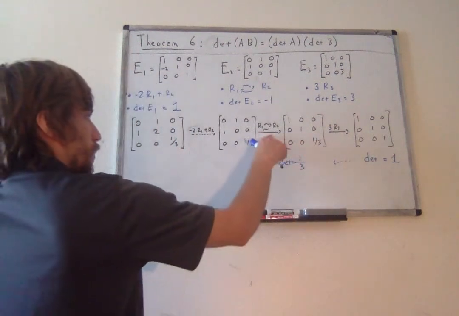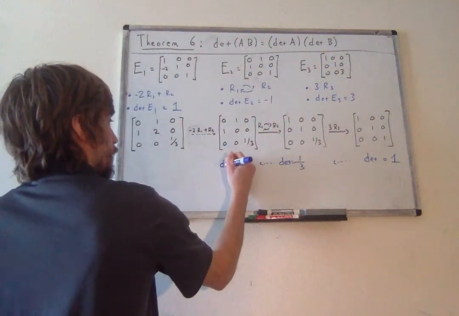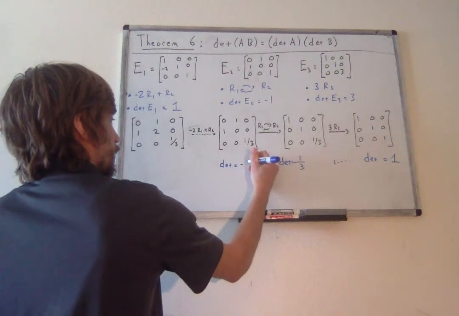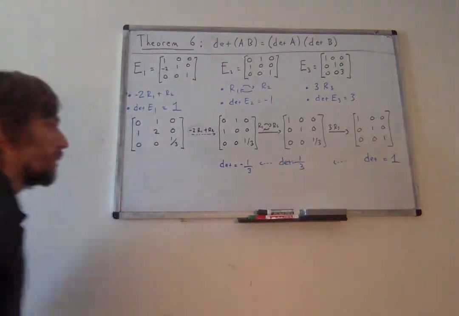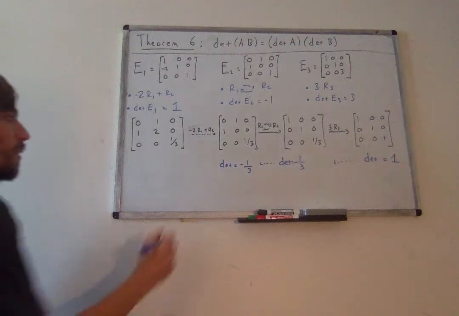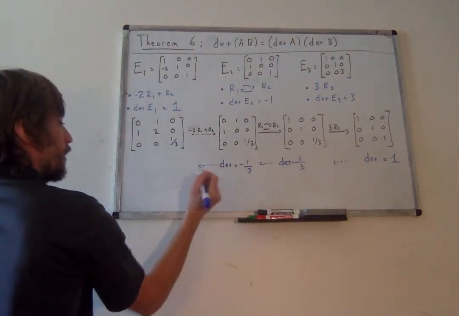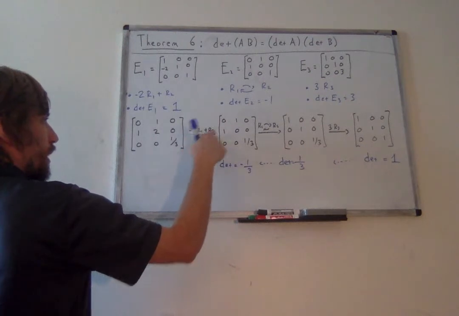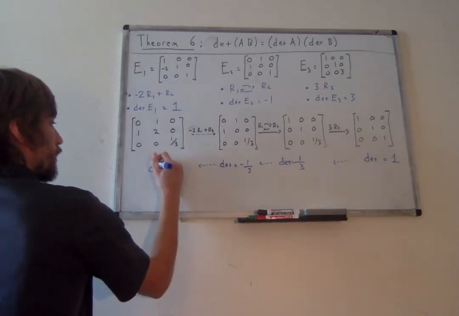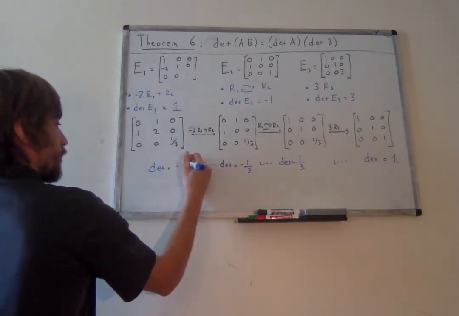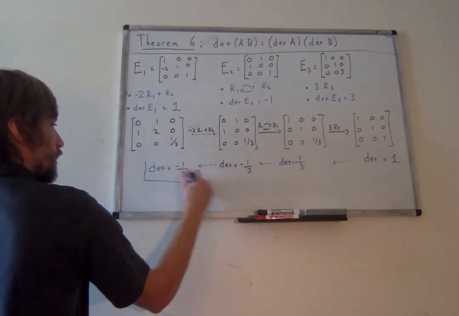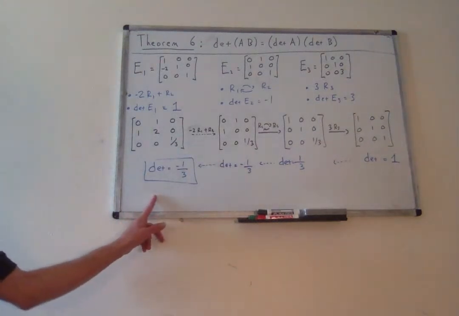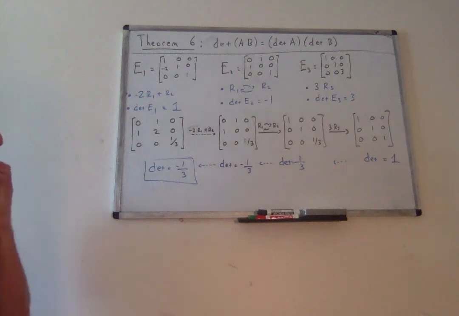Since I swapped rows here, I need to multiply by -1. And so the determinant of this matrix is equal to -1/3. And since this row operation was just a row replacement, I don't have to change anything about the determinant. And so the determinant of my original matrix is -1/3.